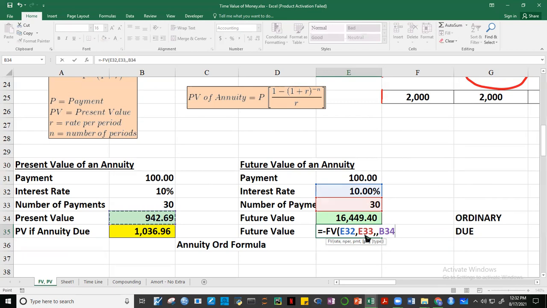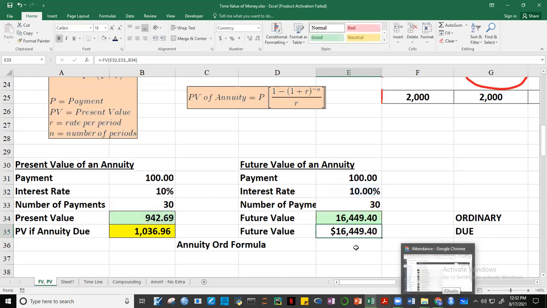And then ignore the type because we're not looking at an annuity here. Okay, control enter. There. It's the same, no? You get 16,449. So the 100 for the next 30 years every year is the same as 942.69 now. It's the same as 16,449.40 after 30 years. A single cash flow of 16,449.40 after 30 years.